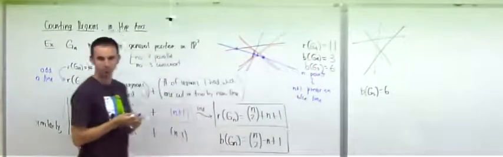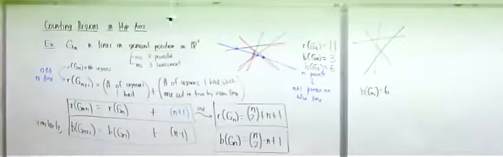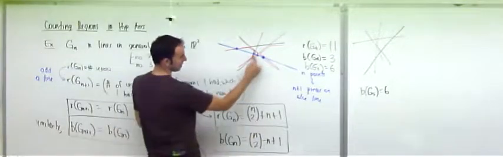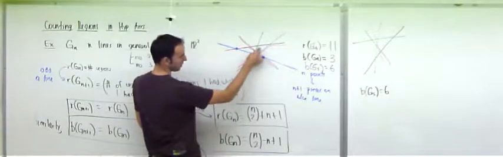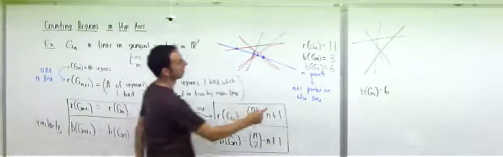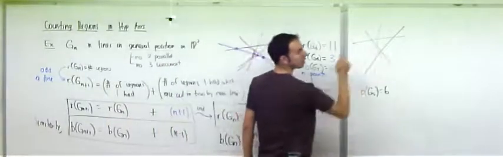And this one also has 6 bounded regions once you add the blue one. Thanks for checking. So let me point to them. Here's 1, 2, 3, 4, 5, 6. And here it's 1, 2, 3, 4, 5, 6.